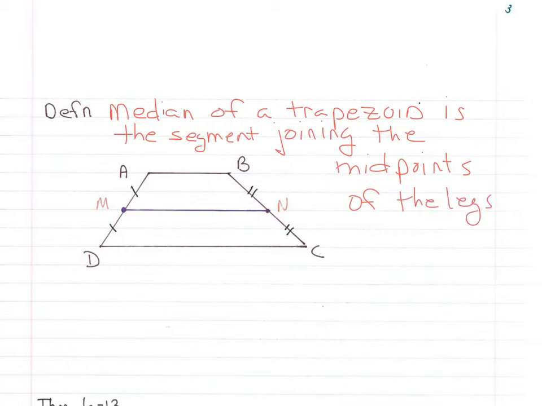Okay, so the median is the segment that joins the midpoint of the legs. Here, segment MN is the median. So M is the midpoint of AD, and N is the midpoint of BC.